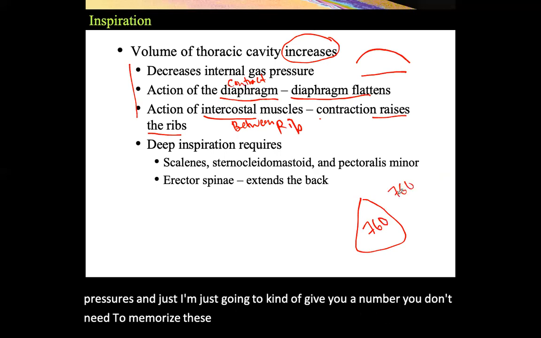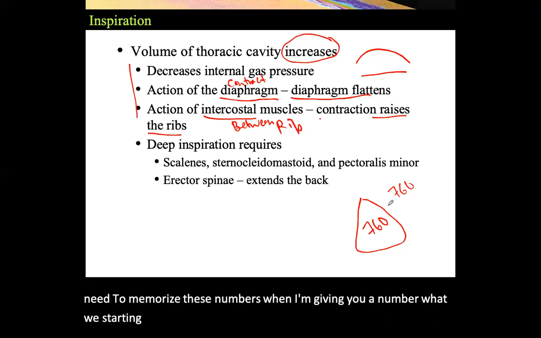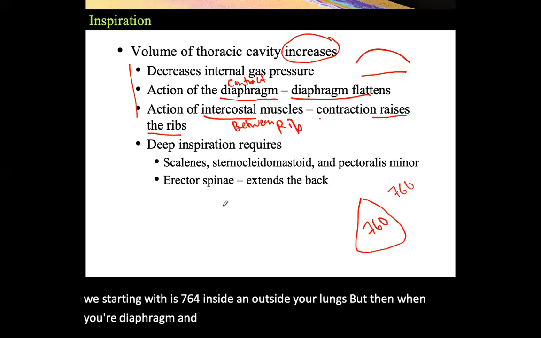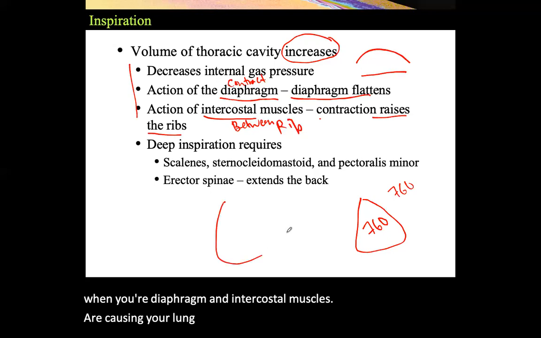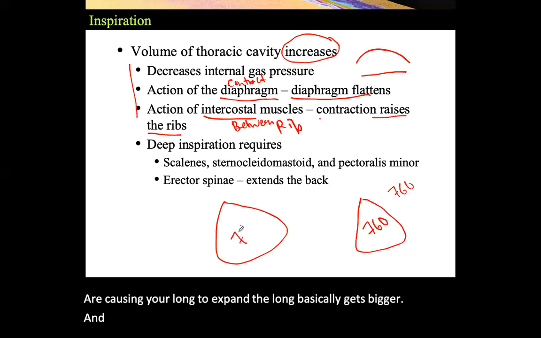When I'm giving you a number, what we're starting with is 760 for inside and outside your lungs, but then when your diaphragm and intercostal muscles are causing your lung to expand, the lung basically gets bigger and causes the pressure inside your lung to decrease.